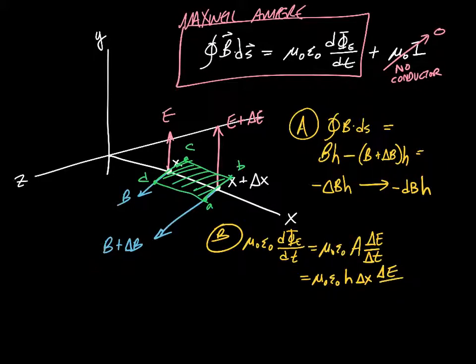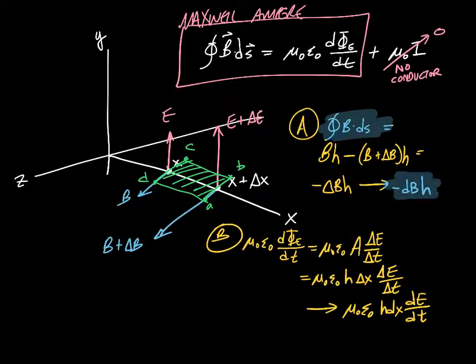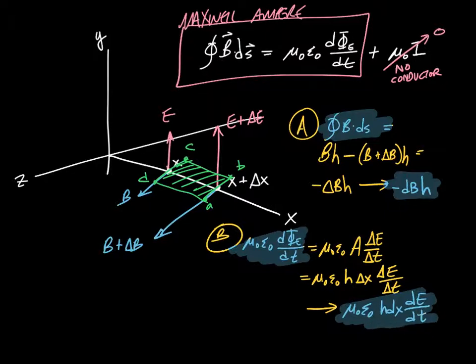And we're going to have a dE dt, and of course this, in calculus terms, would be an h dx dE dt. So the B ds part is a minus dB h. The displacement current part is all of that. Looks very much the same as what we did before.